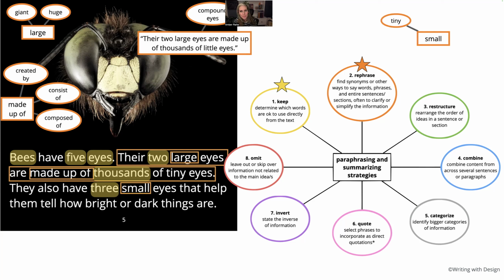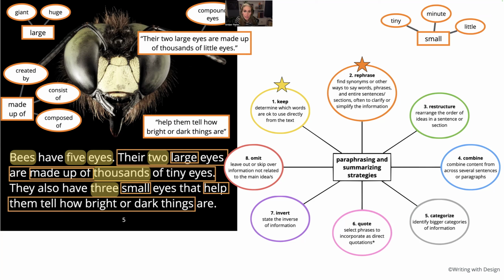Small, got some good synonyms there for that one. And help them tell how bright or dark things are. That means they are light sensing or they can detect brightness. So sometimes the paraphrase will be longer, sometimes it will be shorter. There is not a rule in terms of a paraphrase being one or the other. It could even be the exact same length.